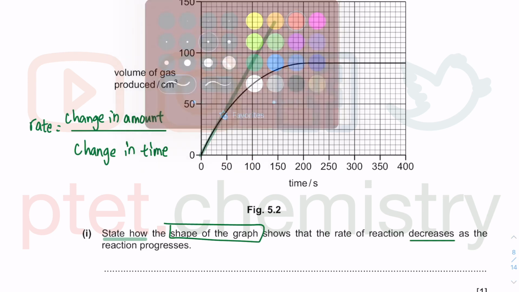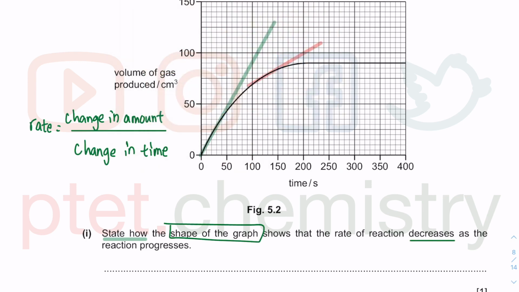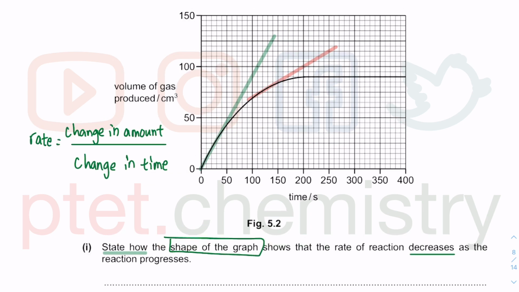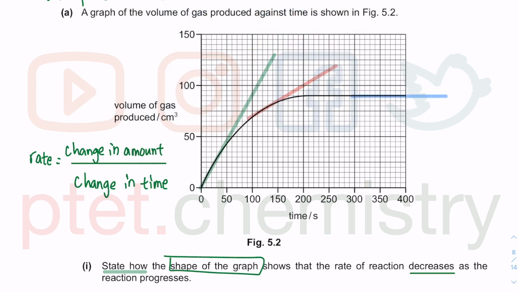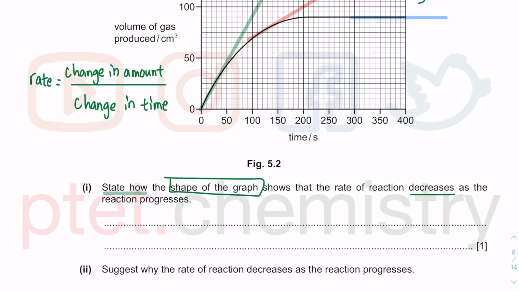As we progress, you can see that the gradient, now the red color lines, the gradient has become less steep. And if I draw another line for when it becomes horizontal totally, we can see that gradient at various time points decreases. And if the gradient decreases over time, that would mean that lesser and lesser volume of gas gets produced over the same time, and therefore rate of reaction decreases.